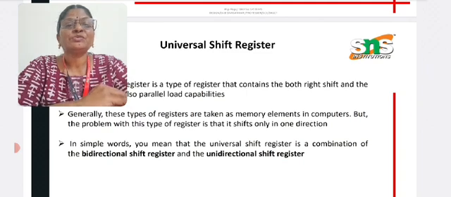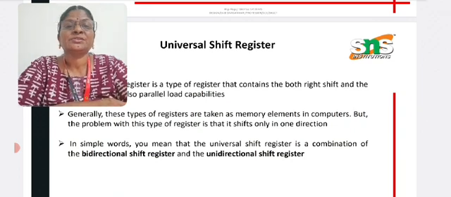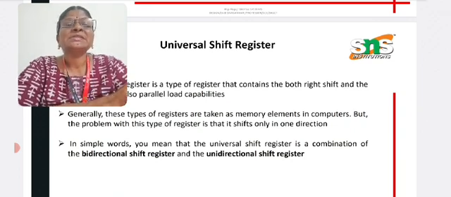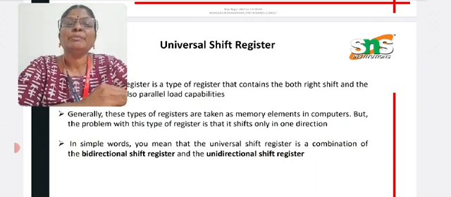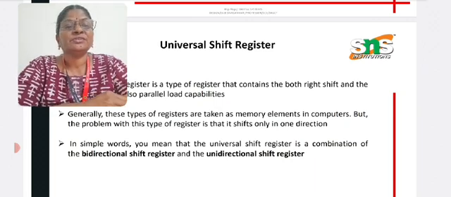Generally, these types of registers are taken as memory elements in computers. But the problem with this type of register is that it shifts only in one direction. Simply we can say that the universal shift register is a combination of both bidirectional shift register and unidirectional shift register.